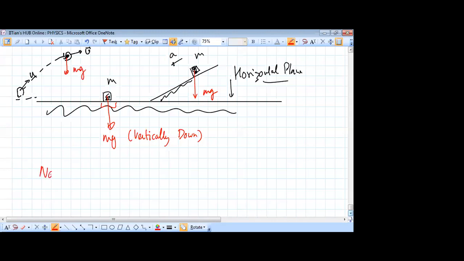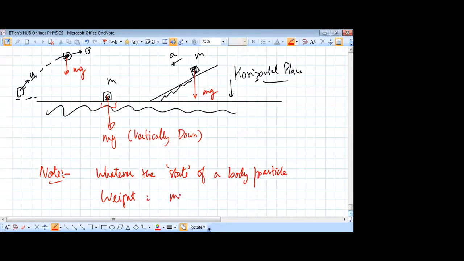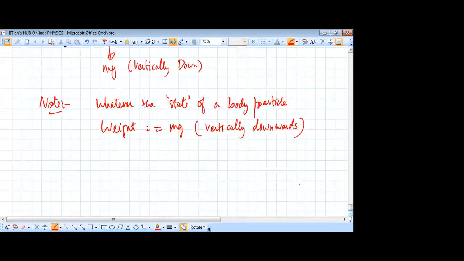So whatever the state of the body or the particle, the weight is equal to mg, and it is vertically downwards, at the Earth's surface.